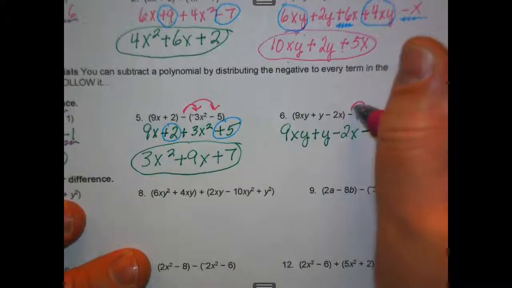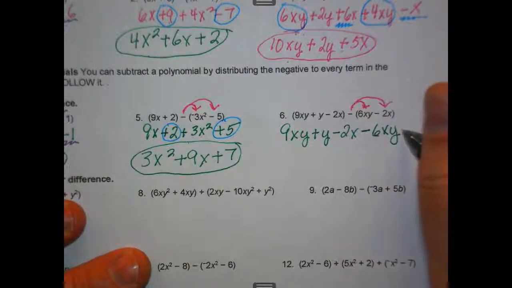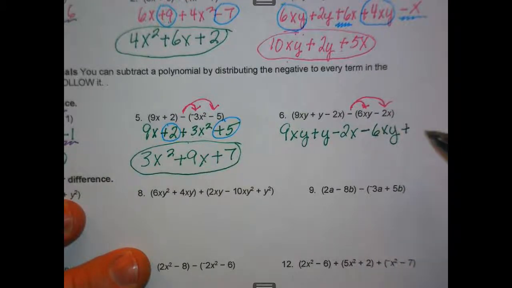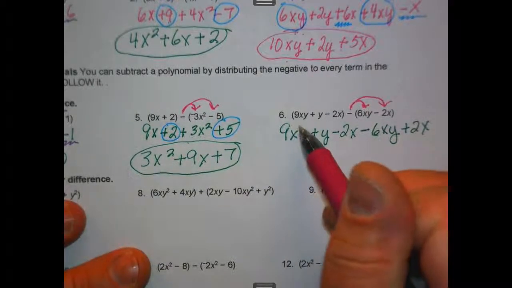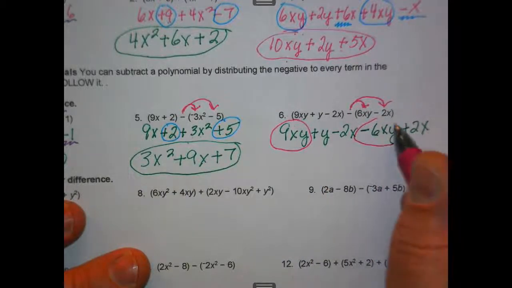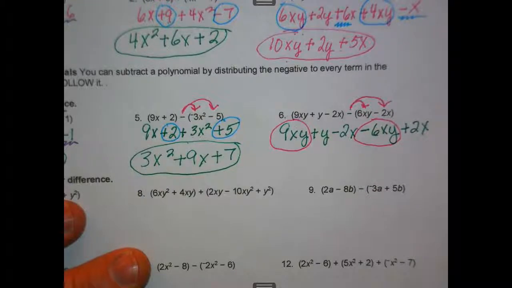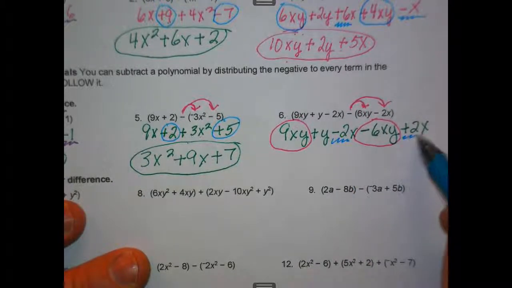Negative 1 times negative 2x, positive 2x. Okay, let's circle the ones we have to combine. 9xy, negative 6xy. Then we have a negative 2x and a positive 2x. What happens with my x's?